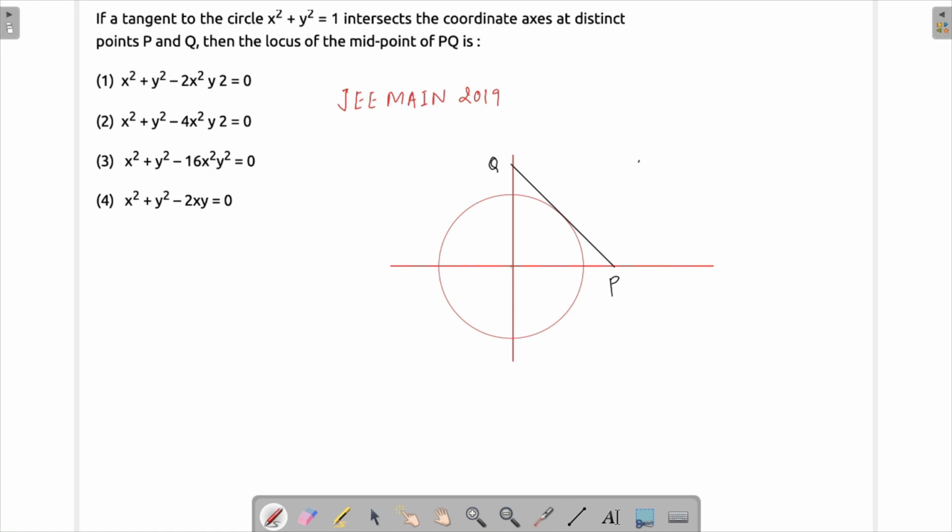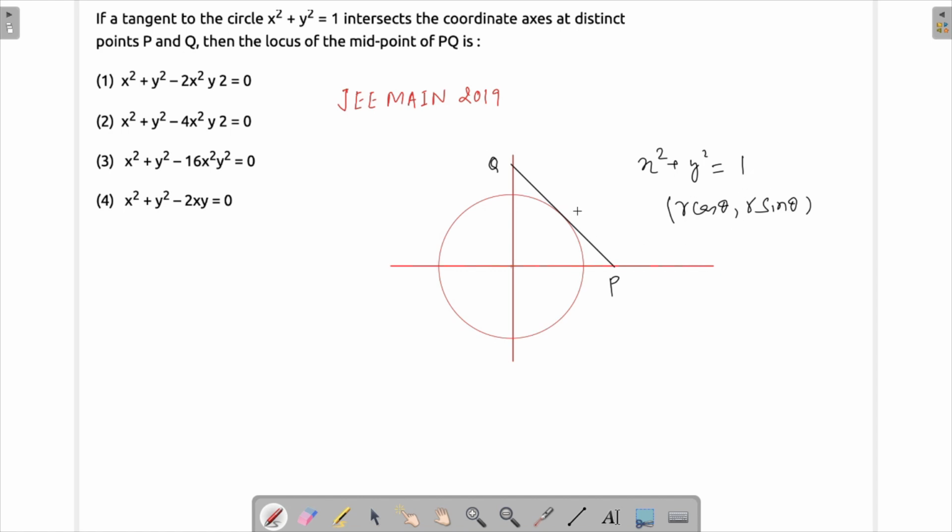Whenever a circle like this is given, x square plus y square equals 1, it's easier to take the point on the circle in a parametric form. Our parametric form is generally r cos theta, r sin theta. When we do that, there is one less equation to solve. Otherwise, we'll have to solve one more equation.